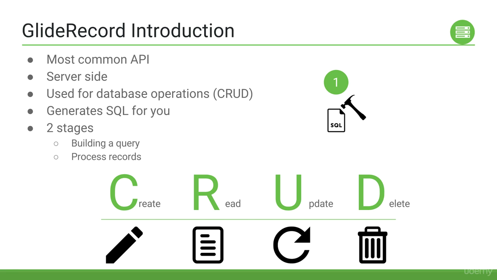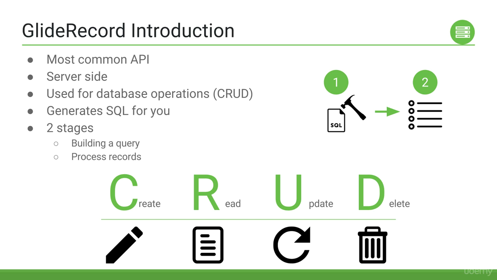Once the first stage is complete, the actual SQL is sent to the database where the records are received back from the database, and you can think of the second stage starting at that point in time. Now, in the second stage of our GlideRecord, we can think of this as a collection of records or a list of records from the queried table. This is where we do the actual processing of the records.